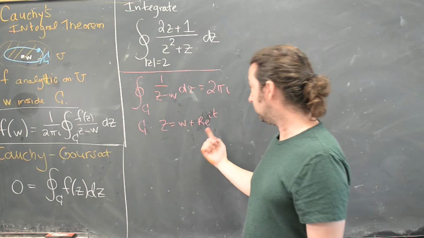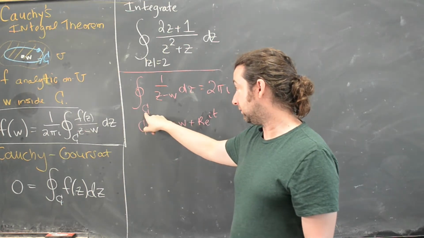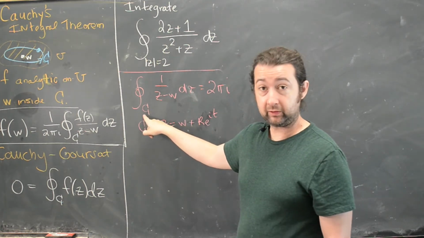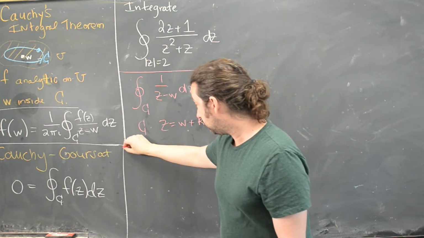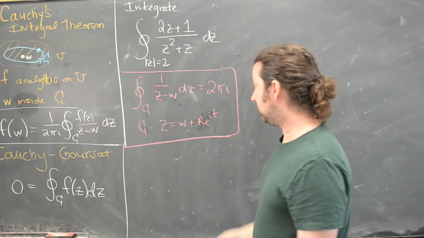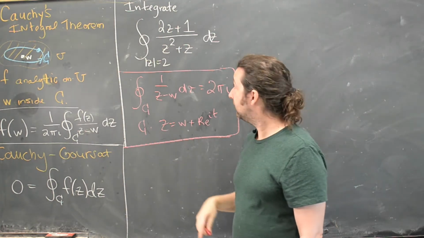So in some sense, what you're measuring here is how the contour wraps around the point where the asymptote is. Okay. So we did this earlier, and we did this directly.